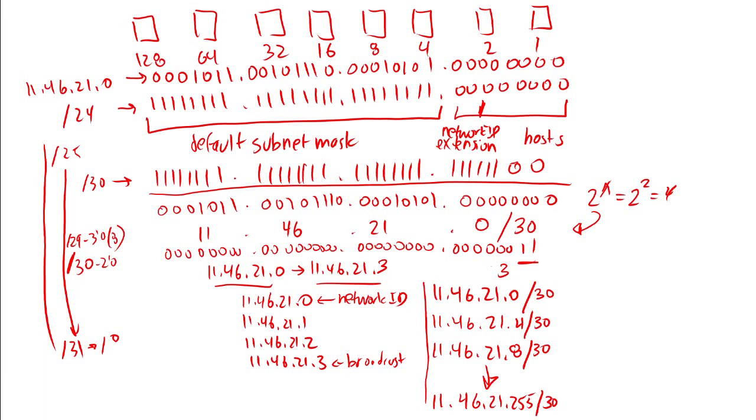And so I quickly figured out that I have a lot of small networks. So I took a space of 256 and I turned it into a space of only 4, with only 2 useful.